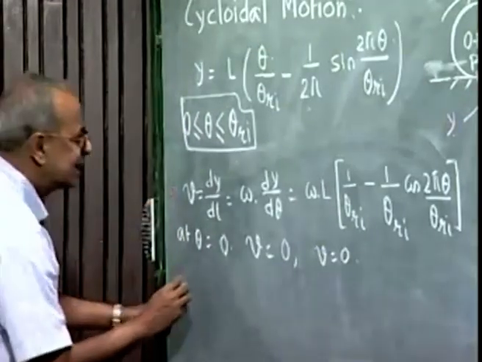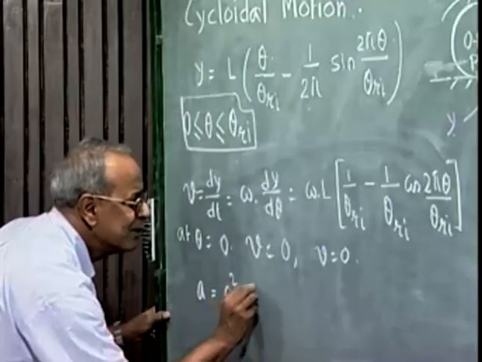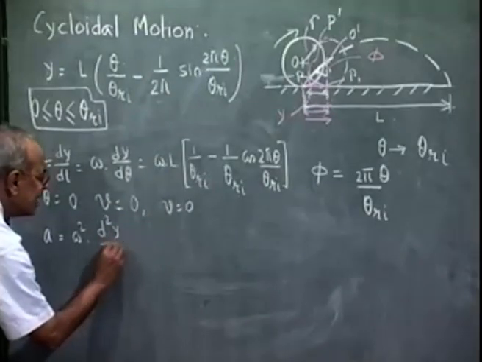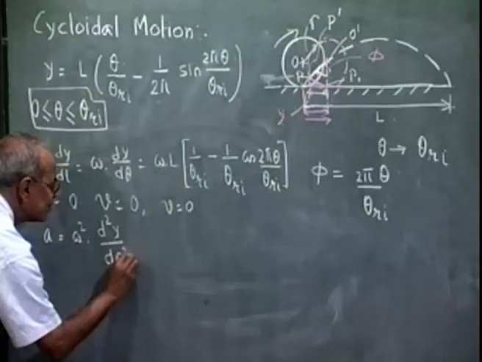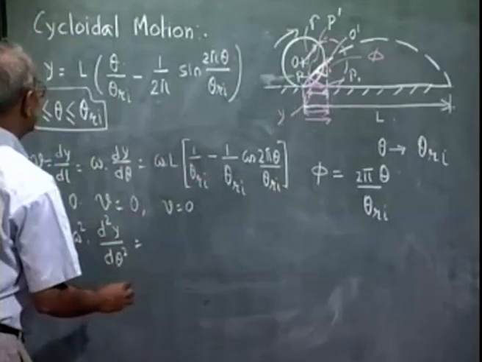Now let me calculate the acceleration. Acceleration will be omega squared into the second derivative of y with respect to theta. So if I differentiate it twice, what do we get?